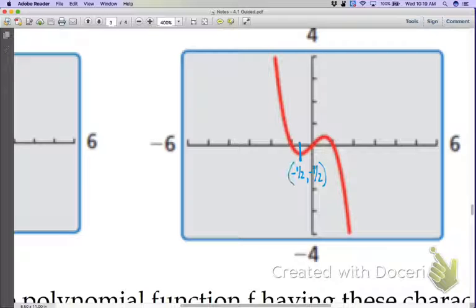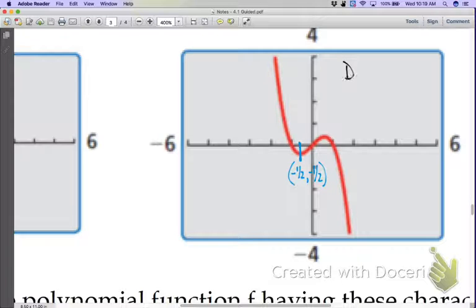Not sure exactly where it's at, but that's where we'll say it is. As we move from left to right, if I have a person on this line, are they increasing or decreasing? They're decreasing, right? Whenever we talk about increasing and decreasing, we're always going to talk about our x values. We're not going to talk about how high it is or how low it is.